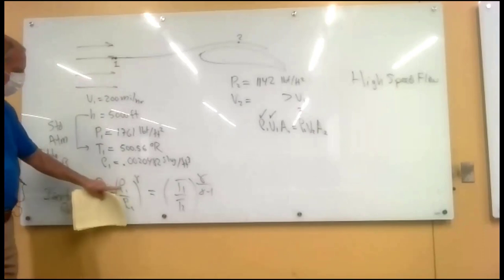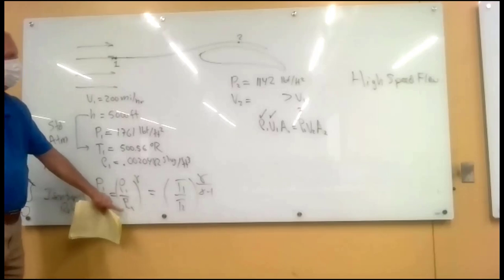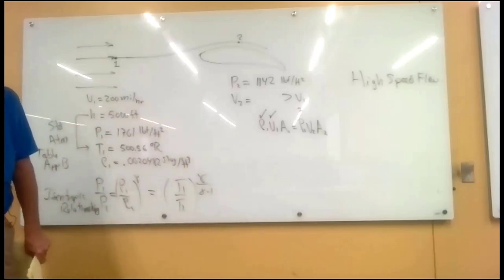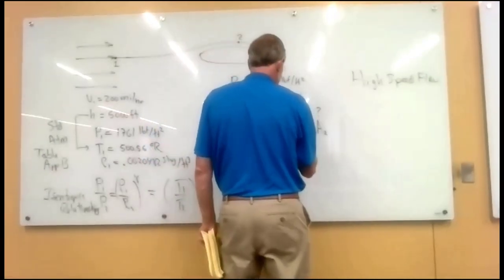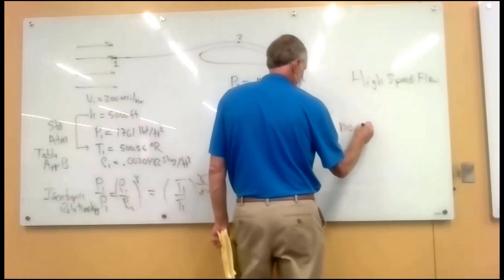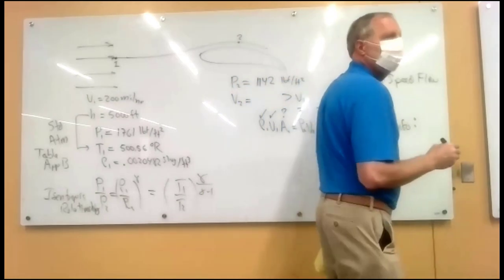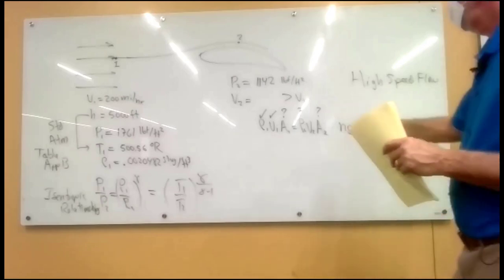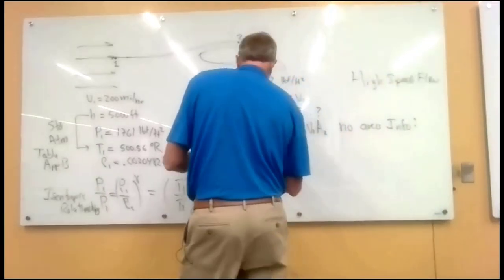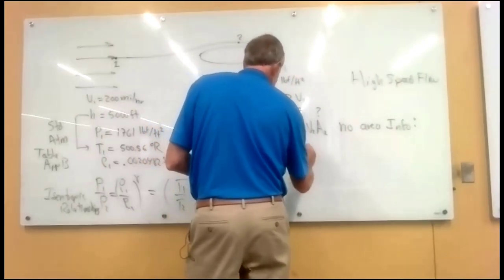Because I know rho 1, I know P1, I know P2, so I could solve for that. But how about the areas? We don't even have any information about the areas. So I'm going to set that tool aside and say, well, I don't know if I'm going to be able to use this wrench on this particular type of nut, because there's too much unknown. So let's look. Another equation that has velocities in it is that equation we just came up with.